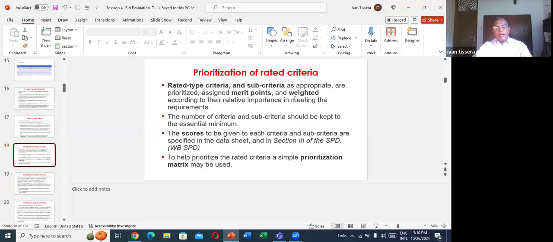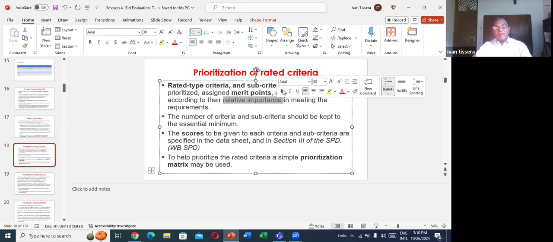Rated type criteria, and under each criteria, there may be sub-criteria also. As appropriate, they are prioritized, assigned and merit points are weighted. So, for example, technical marks, say 30. Under 30, there may be 3 or 4 sub-criteria. So, we have to allocate points for each sub-criterion also, at the relative importance of meeting the requirement.